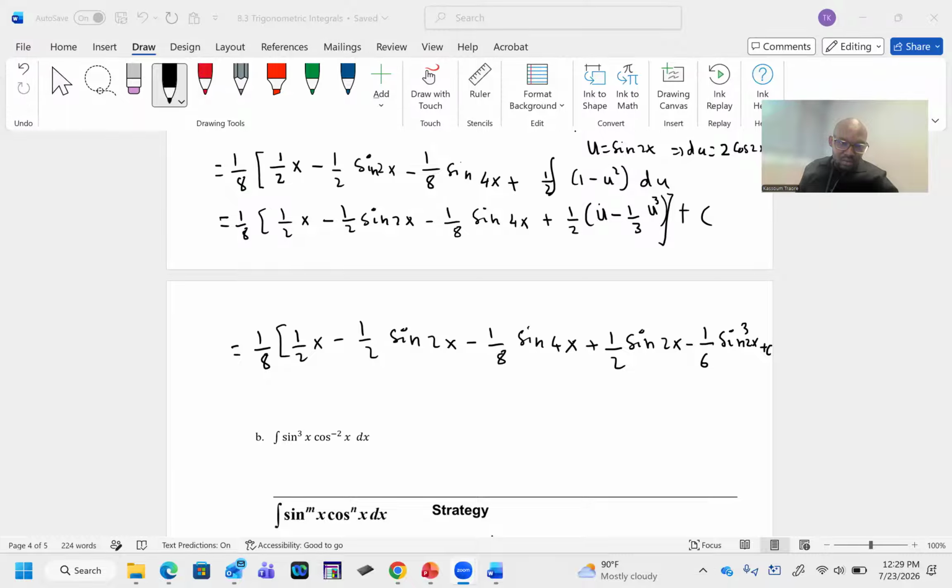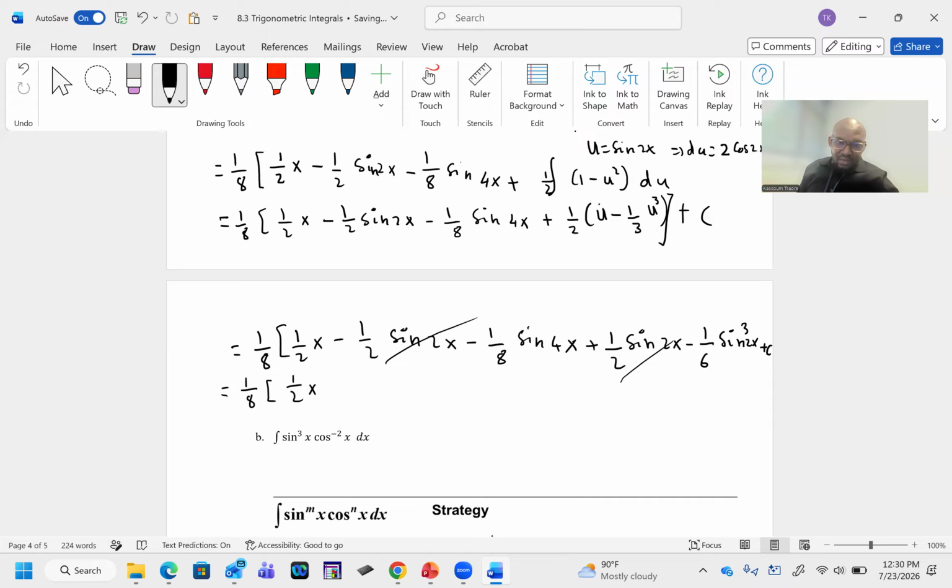So now the rest is to combine like terms. So we still have this 1/2 x, negative 1/2 sine of 2x plus 1/2 sine of 2x will cancel out, right? These two will cancel out.